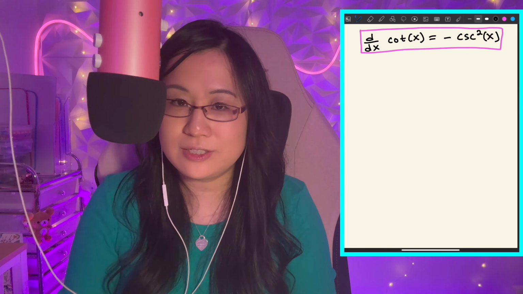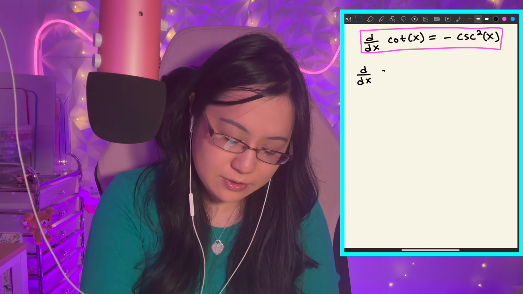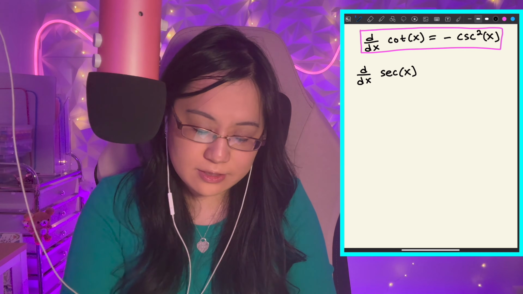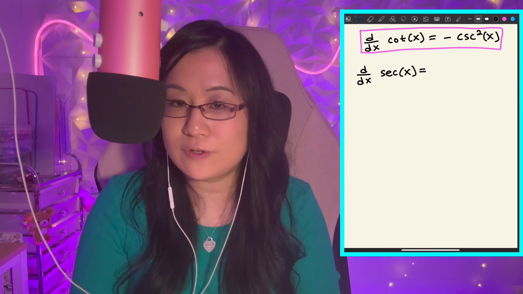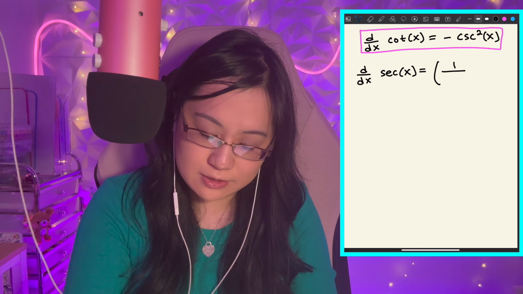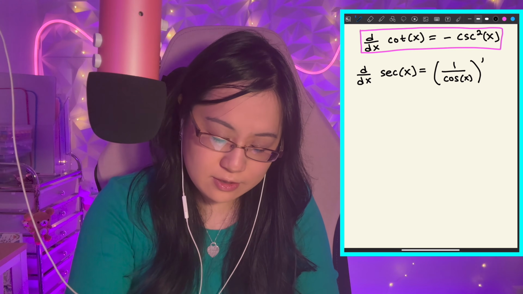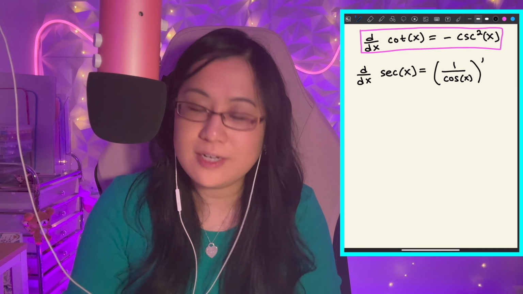Okay, so now let's do the derivative of secant of x. So d dx secant of x, and the definition of secant is 1 over cosine. So we're basically doing 1 over cosine, prime. Okay, so this one is a little funny.